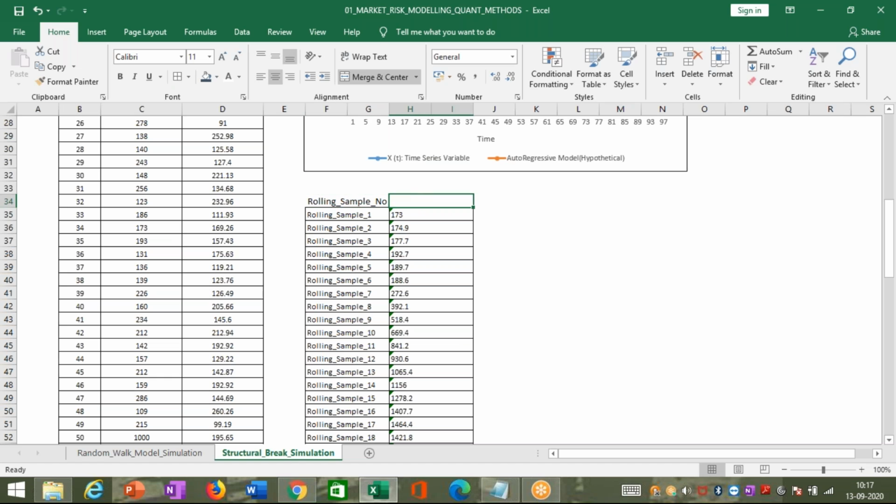Now this is based on a set of 10, so 10 months, or you know, for a rolling sample of size 10. So every time the sample rolls on by 10.